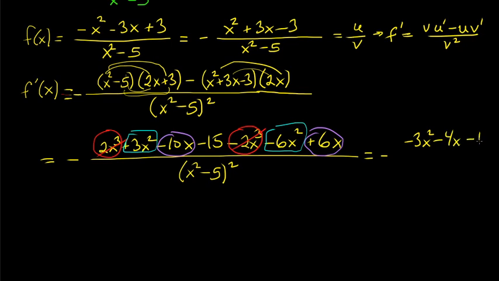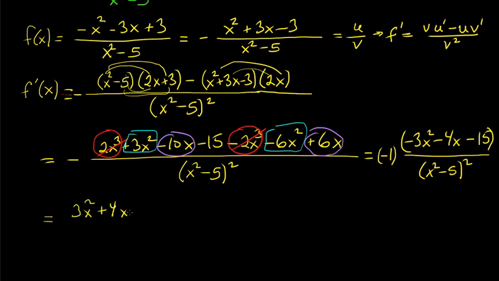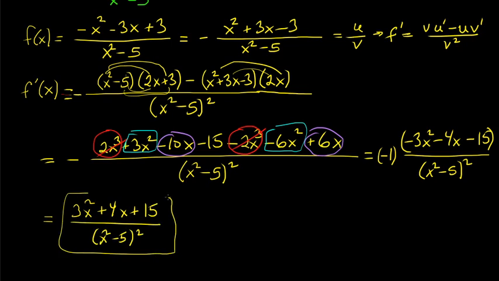And then the minus 15. All over, same thing, x squared minus 5 squared. And now we can distribute the negative 1 in front. Again, we don't have to, but it makes it look nicer. It's 3x squared plus 4x plus 15 all over x squared minus 5 quantity squared. And that should do the trick.